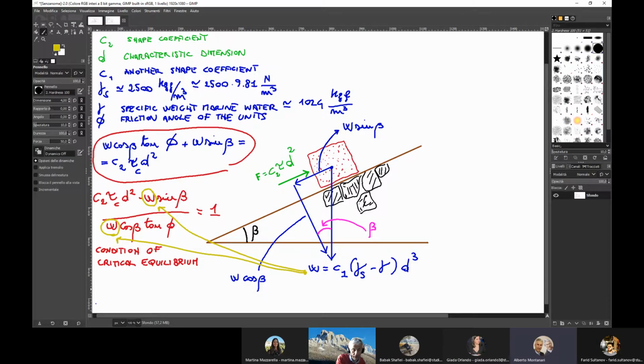Now let's open a new graphic blackboard in order to rearrange this equation. What I have to do again is to substitute W by following the yellow arrows, and I have to take the value of W that is given by the product of C1, gamma S minus gamma, times the cube of d.